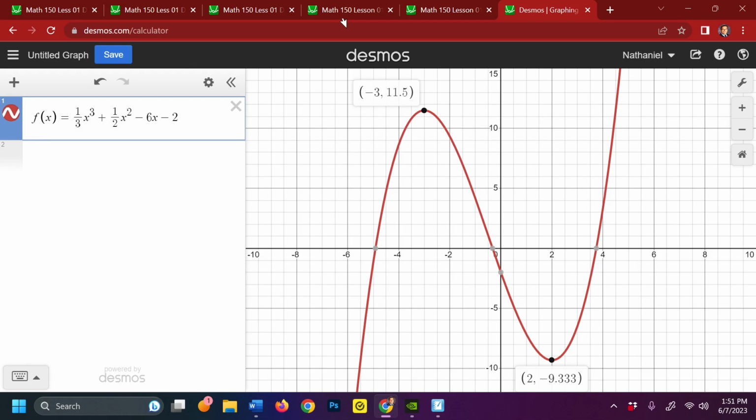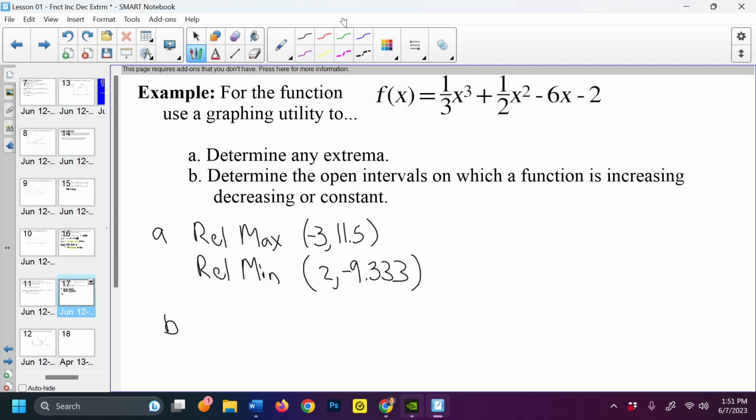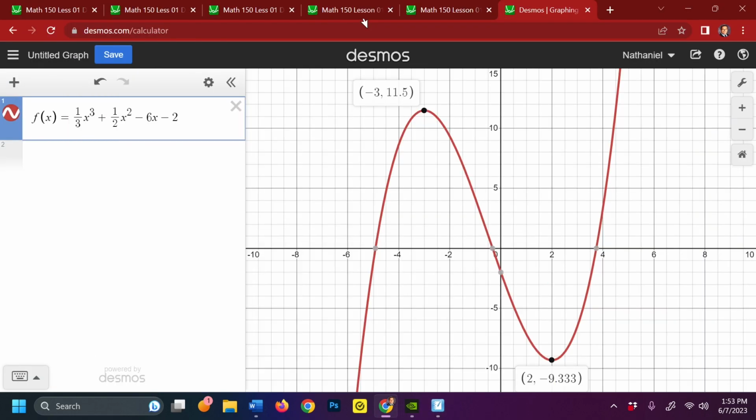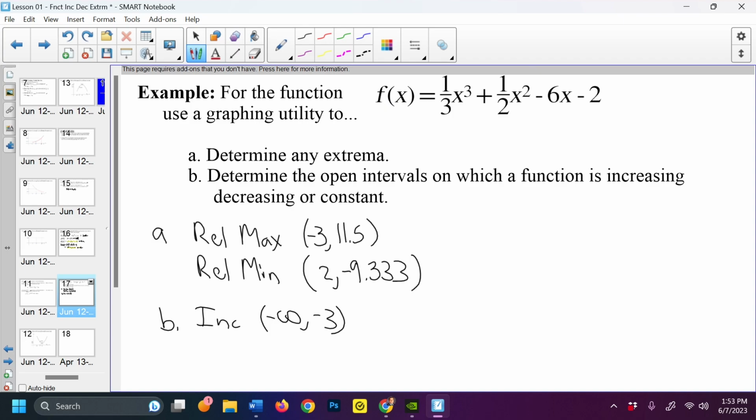So we want to do that using interval notation. So my open interval is going to start by saying from negative infinity until I get to negative 3. And then it starts decreasing until I get to 2. But once I get to 2, it starts increasing again and will always be increasing. So I'll also have from 2 to positive infinity.